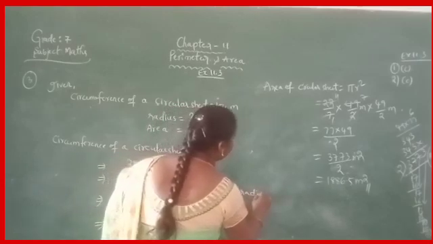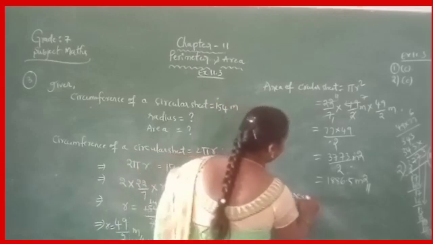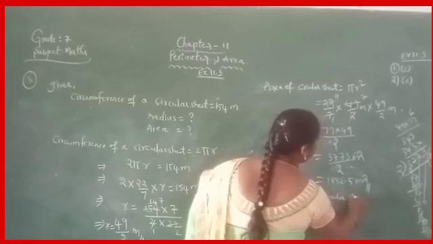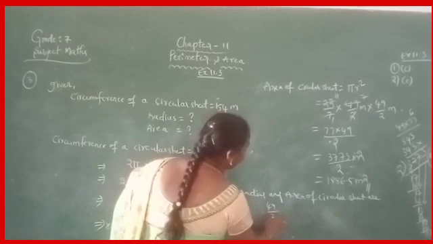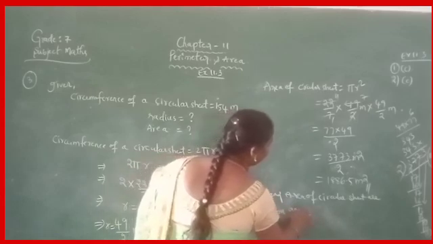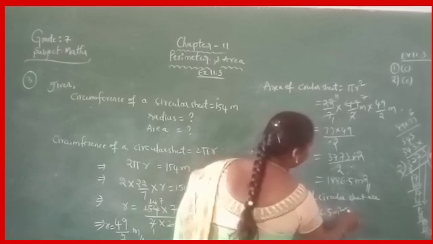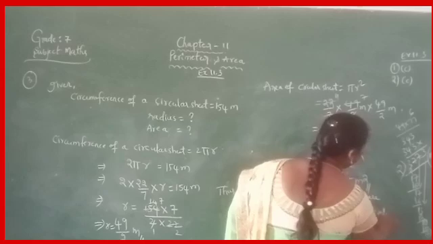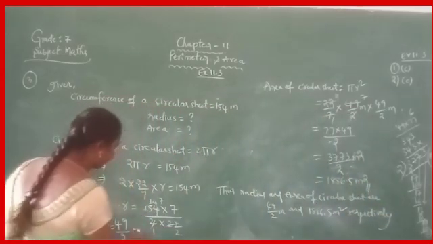So finally you write down: thus the radius and area of the circular sheet are 49 by 2 meters and 1886.5 meters square respectively. You can convert the 49 by 2. So what will you get for 49 by 2 here?